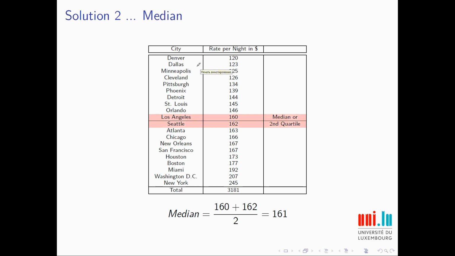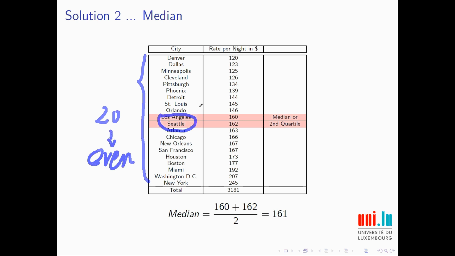You see how we search for the median. We have 20 observations, right? Which is an even number. So it means that we have to find the positions of two elements, and how do we look for them?